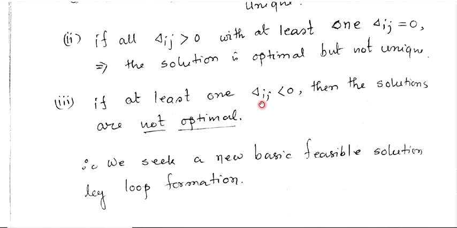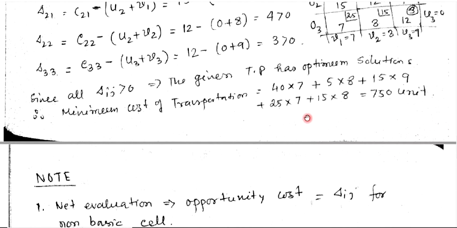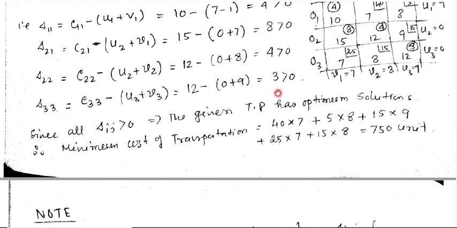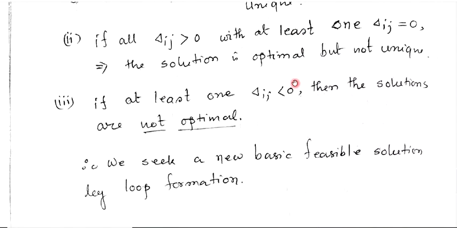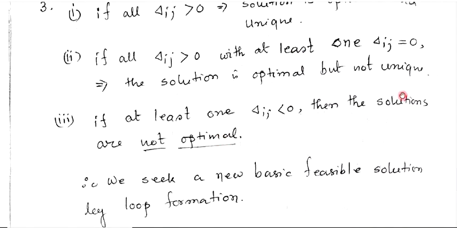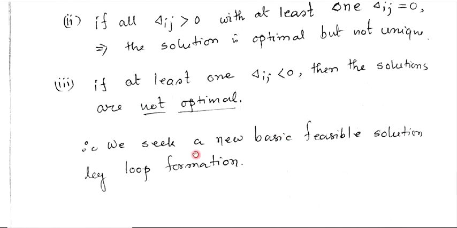But if at least one del ij is less than 0, that means all are positive but one is negative. In this type of situation, the solution is not optimal, and for that we have to use another method called the loop formation method. After doing loop formation, we get a new basic feasible solution.